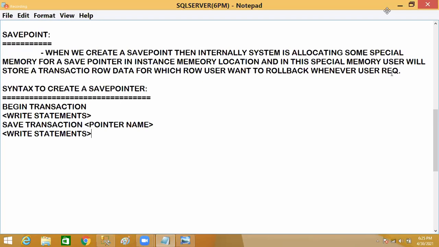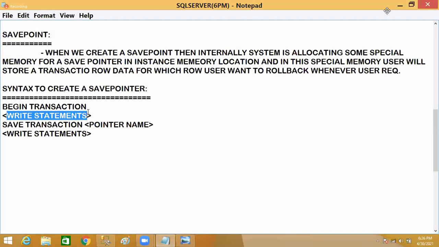Here, whatever we wrote before the savepoint is not stored under savepoint memory; it is stored directly in instance memory. But after the savepoint creation, whatever we write, that statement data is stored only under savepoint memory.